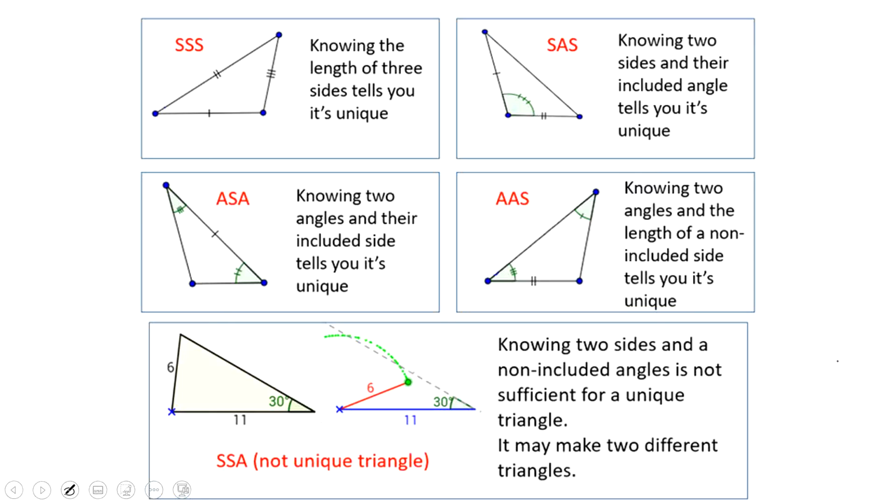The next one they have listed there is side, side, angle. Knowing two sides and a non-included angle is not sufficient to prove that the triangles are congruent. When you think of it, you could end up forming two different triangles. From their picture there, we could have an acute triangle where we drew a line this way. Or you could flip the 6 all the way open the other side, and then connect it from the 30-degree angle and have a different total triangle.